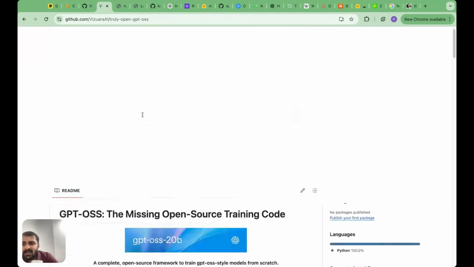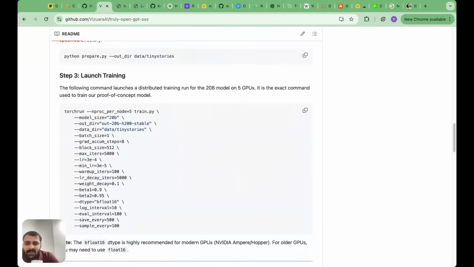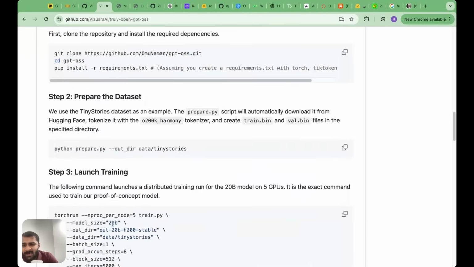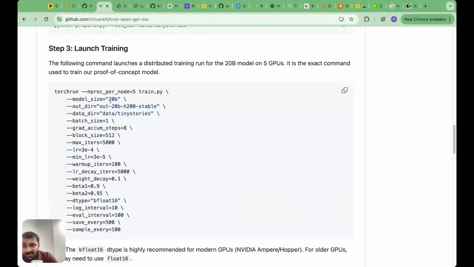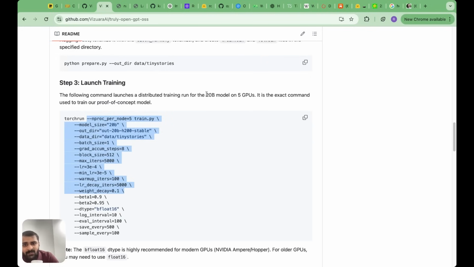For the truly open GPT-OSS, we have also trained an entire 20 billion parameter model, where our model size is actually 20 billion. Here we have trained it with 5 GPUs which are connected together. These are 5 H200 GPUs. If you want to run the 20 billion model, you cannot do it on one GPU, and you cannot do it on A40. You have to do it on H200.